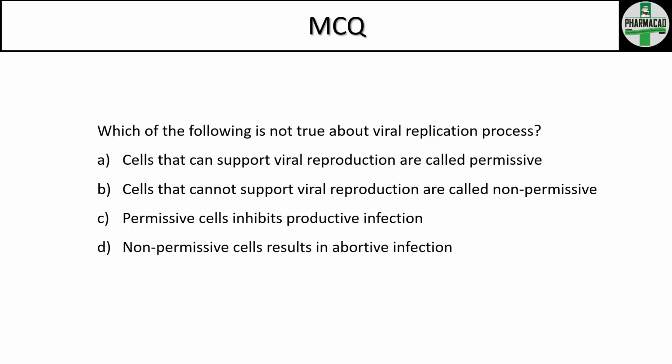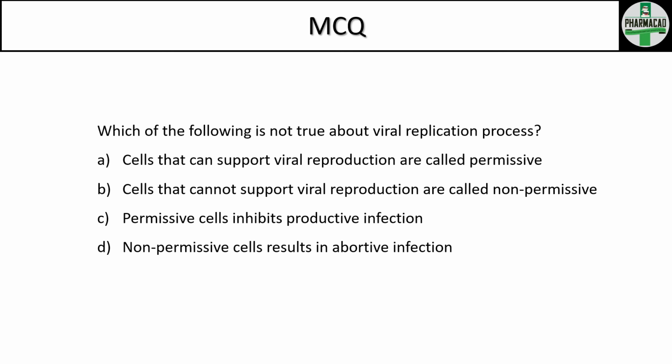Which of the following is not true about the viral replication process? A: Cells that can support viral reproduction are called permissive. B: Cells that cannot support viral reproduction are called non-permissive. C: Permissive cells inhibit productive infection.